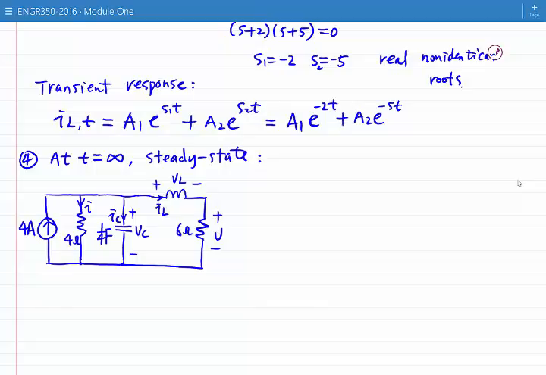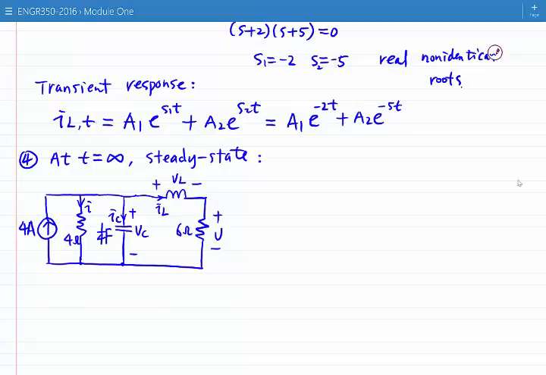We know for an inductor, if the circuit is in steady state, it's a DC circuit, so the inductor current is constant. That means the inductor is equivalent to a short circuit. For the capacitor, because it is DC steady state, the capacitor voltage is constant. So C dVc/dt is equal to IC, and because V is constant, the capacitor current is 0.